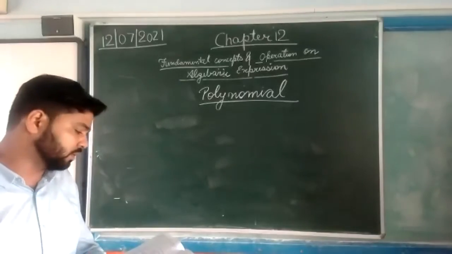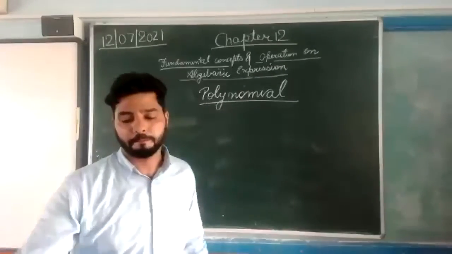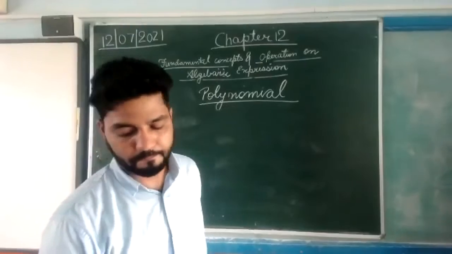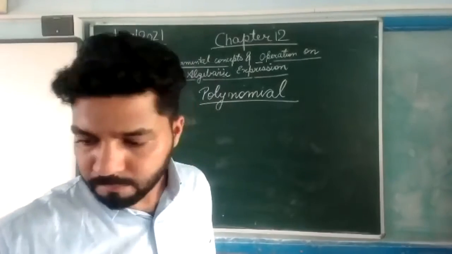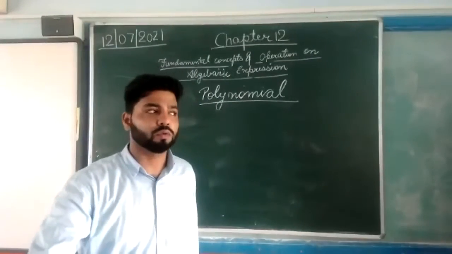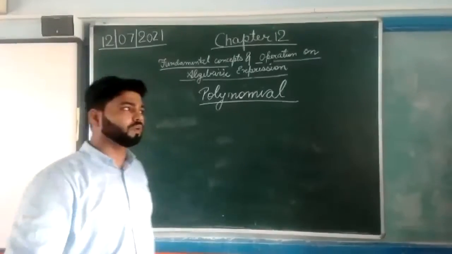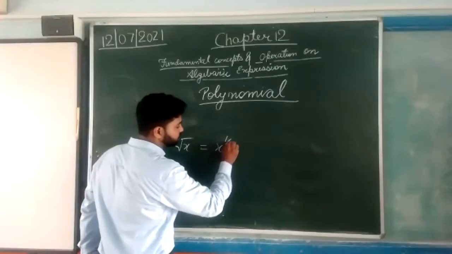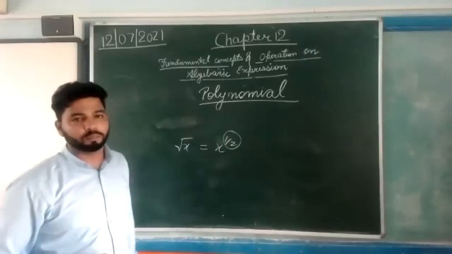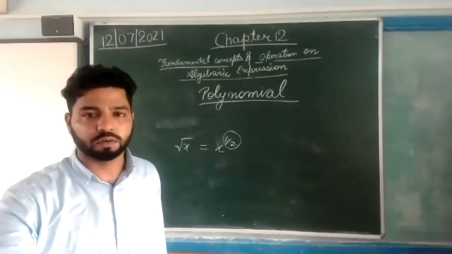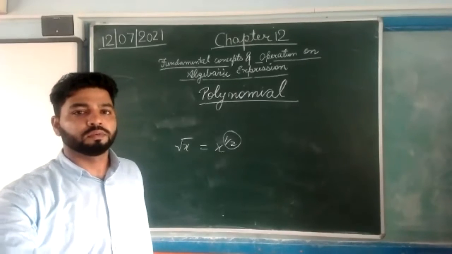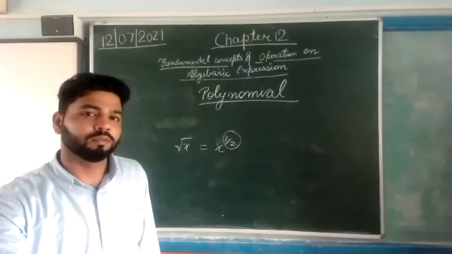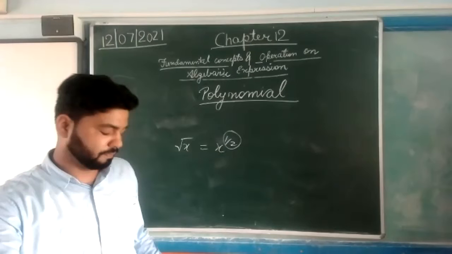Sir, in polynomial, in which question the root will come that is not a polynomial? Root value becomes a fractional power. So it is not a polynomial. Negative or fractional power. Vartika, where were you? Sir, here only. Okay.